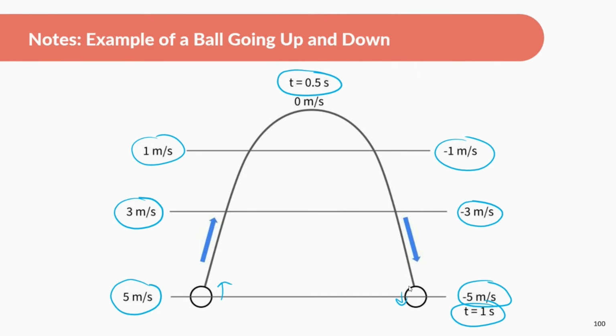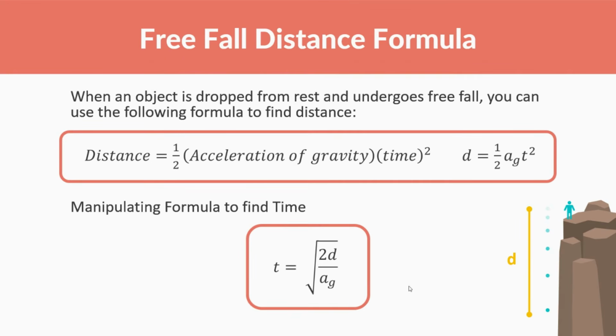All right, let's continue. This is another formula that we're going to be using with this part of the unit. When an object is dropped from rest and undergoes free fall, you can use the following formula to find the distance it has fallen. Distance is equal to 1/2 the acceleration of gravity, which we should know is negative 10, times how long it was falling for, the time, squared.